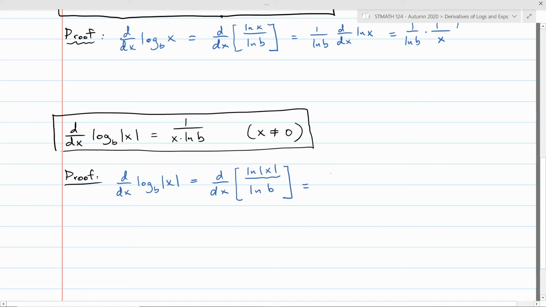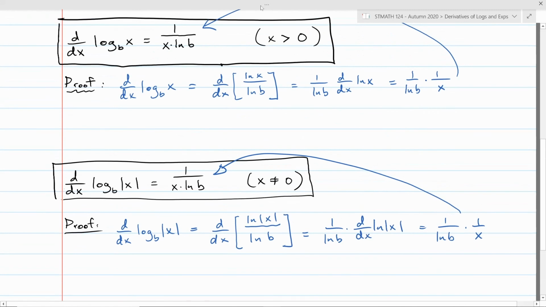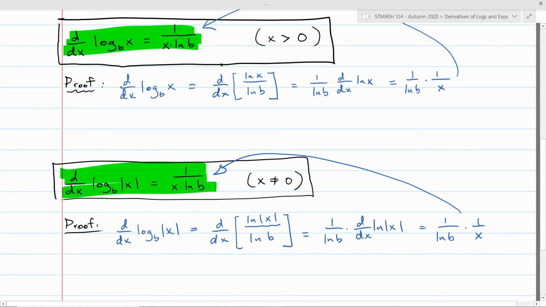And just like before, I can pull the 1 over natural log of b out, and I'm taking the derivative of natural log of absolute value of x. But we learned previously that the derivative of natural log of absolute value of x is just 1 over x. So this ends up being 1 over natural log of b times 1 over x also, which is what we were hoping to get. So here you have these 3 new derivatives, really 2.